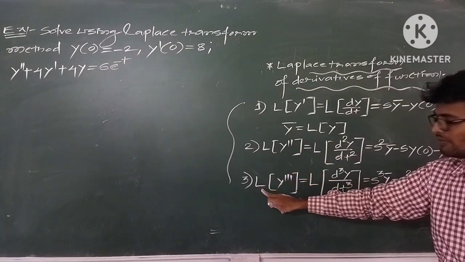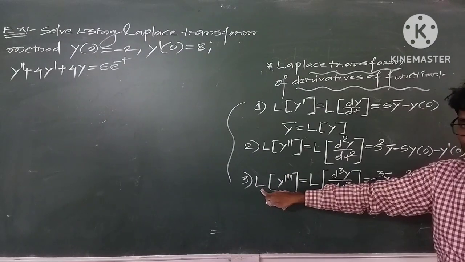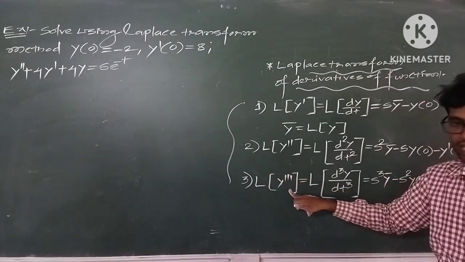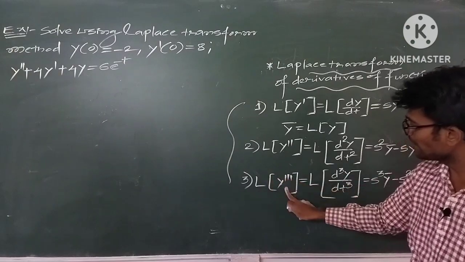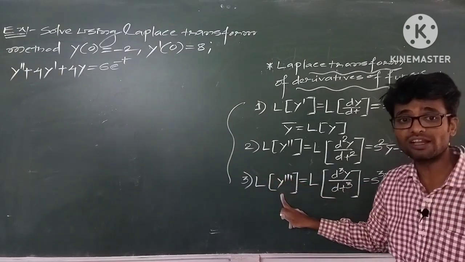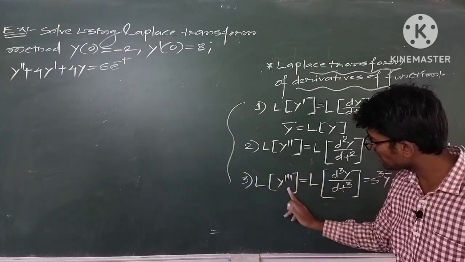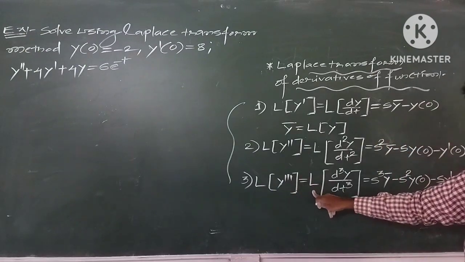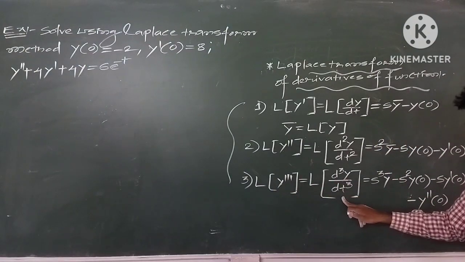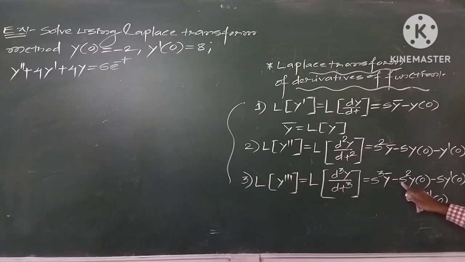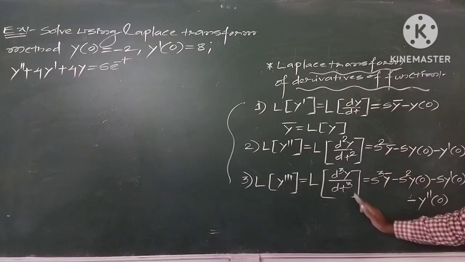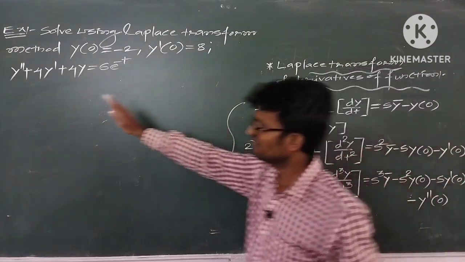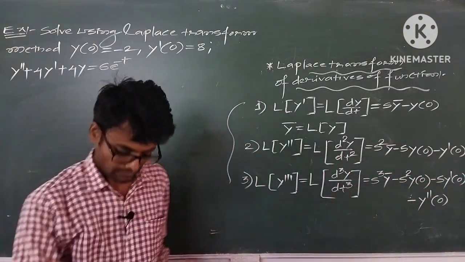The third formula is the Laplace transform of y triple dash, the third order derivative, d cube y by dt cube, equal to s cube y bar minus s square y of 0 minus s into y dash of 0 minus y double dash of 0. These formulas are very important because we use them in this problem. Remember all of you.